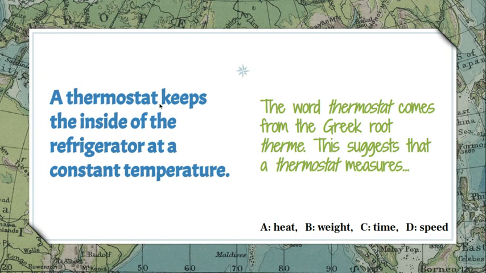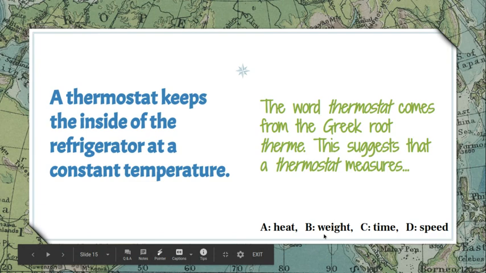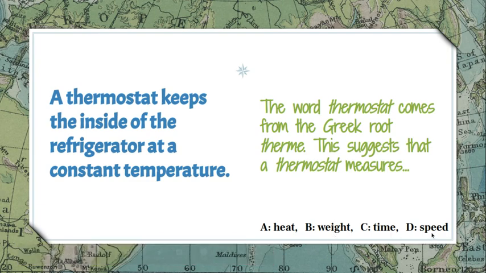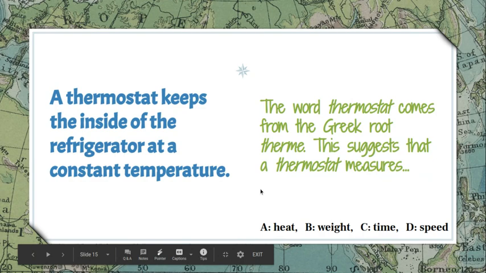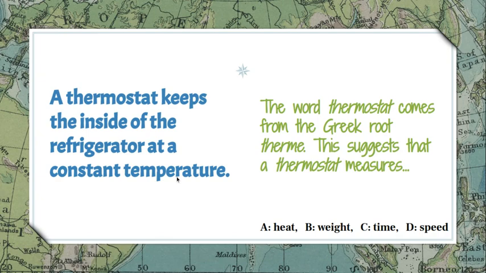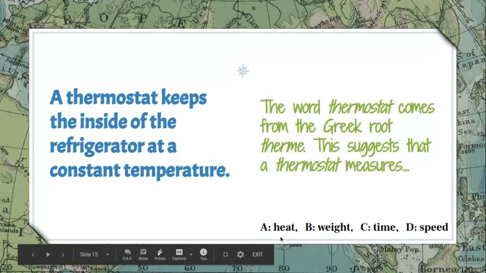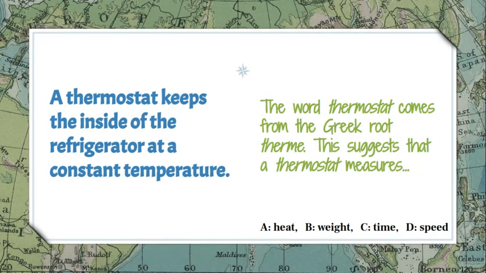A thermostat keeps the inside of a refrigerator at a constant temperature. So a thermostat measures what? Heat, weight, time, or speed. Well, they talked about that a thermostat keeps the refrigerator at a constant temperature, so it measures the temperature or the heat inside the refrigerator. So A would be the best answer there.